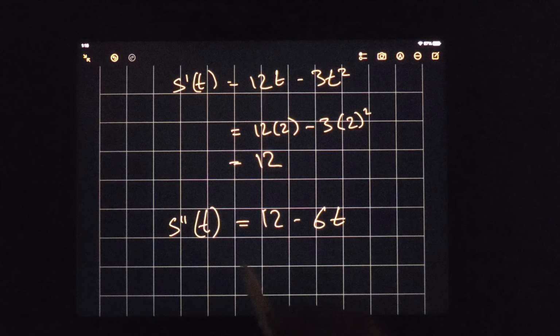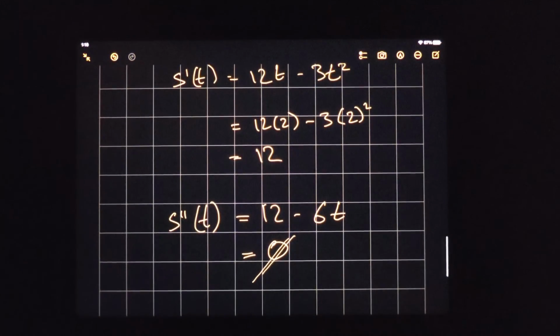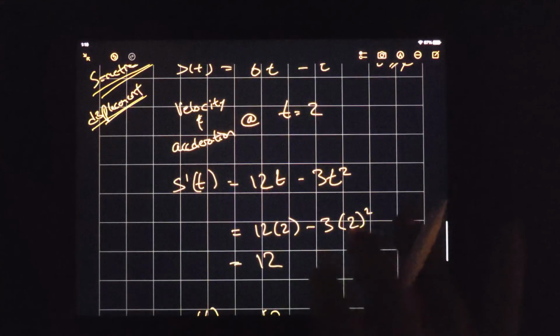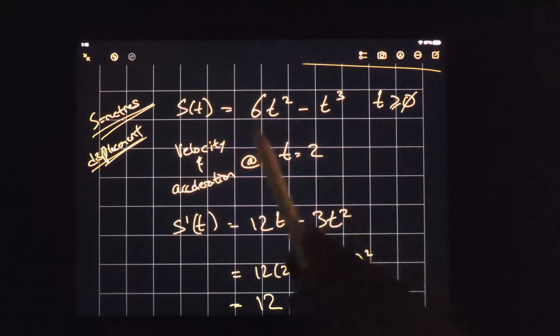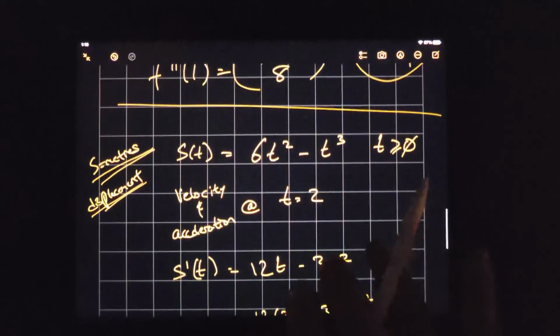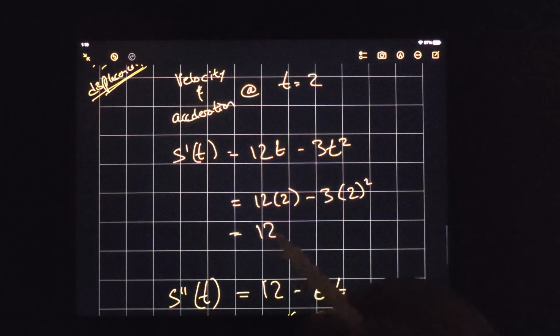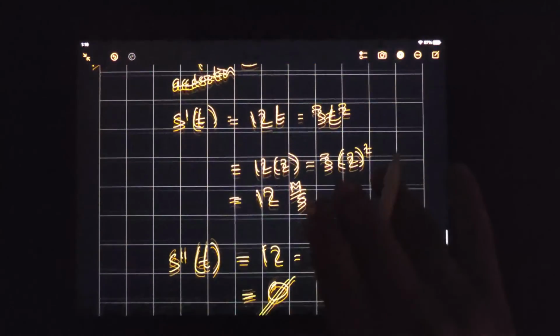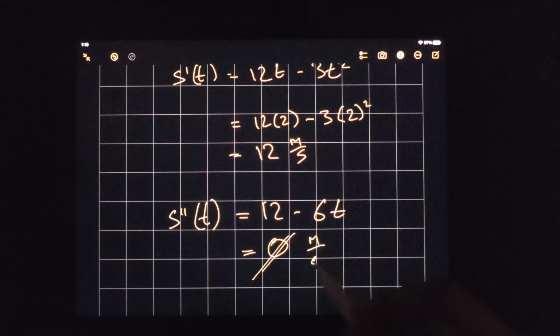So if I plug in 2 into this, I should get 0, which will tell me that if this is the function for displacement, at 2 seconds, oh, that's interesting to say, at 2 seconds, the velocity will be 12 meters per second, and then here the acceleration will be 0 meters per second squared.